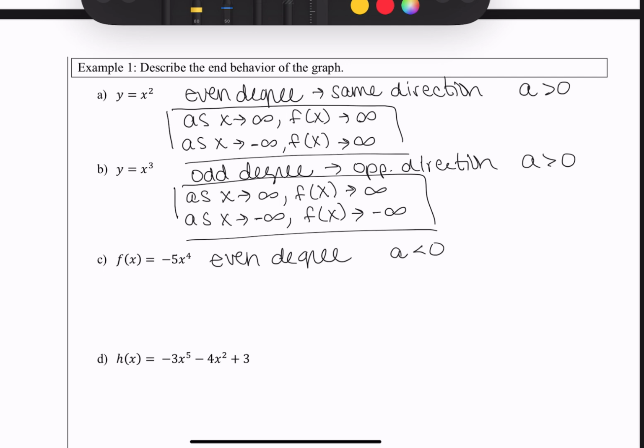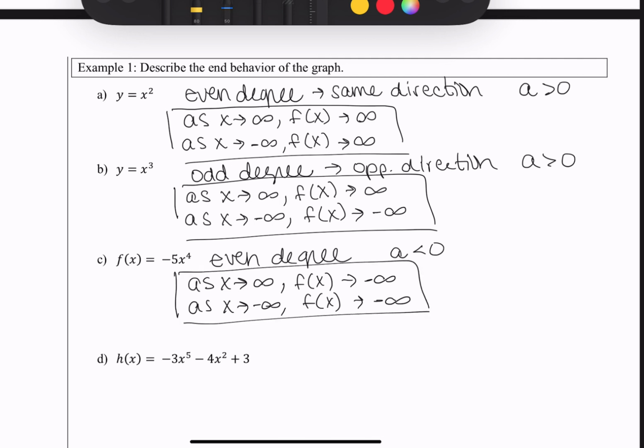So both sides are going to have negative outputs, getting really, really small. So as x gets big, f of x goes to negative infinity. And as x gets small, or goes to negative infinity, f of x still goes down to negative infinity, or gets small. So there's our description.